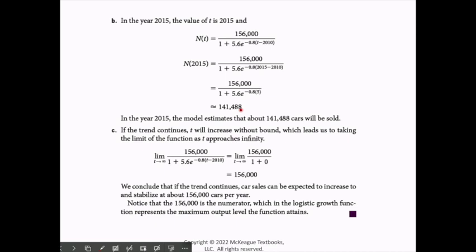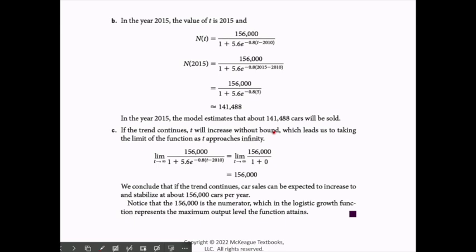So that means in the year 2015, if the model is a good model, we're going to estimate that the number of cars sold will be 141,488.